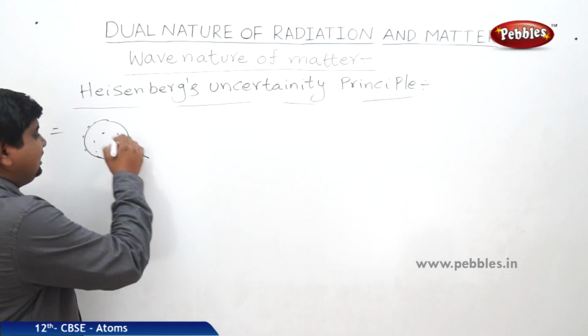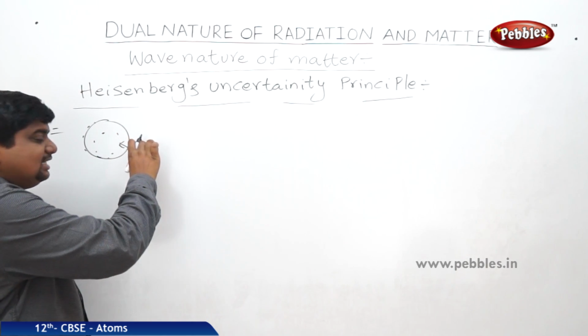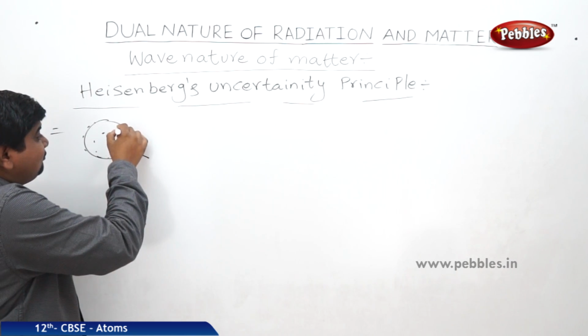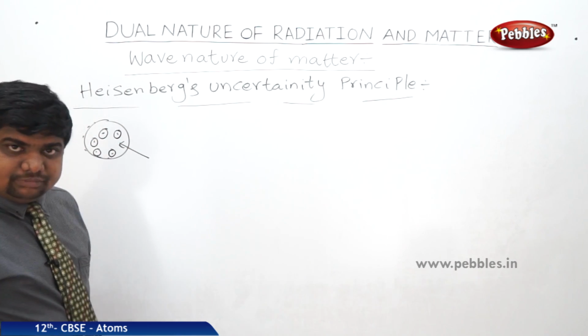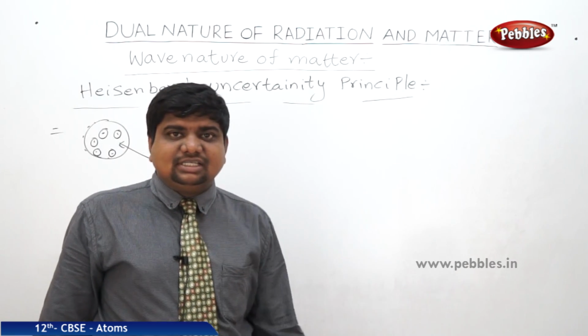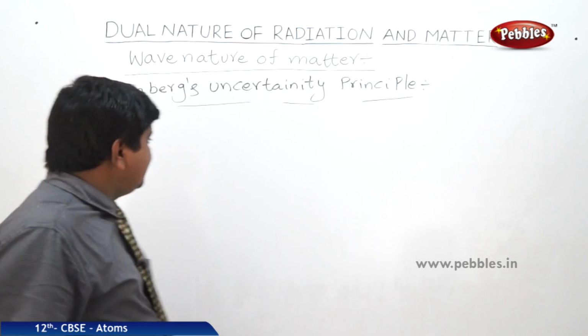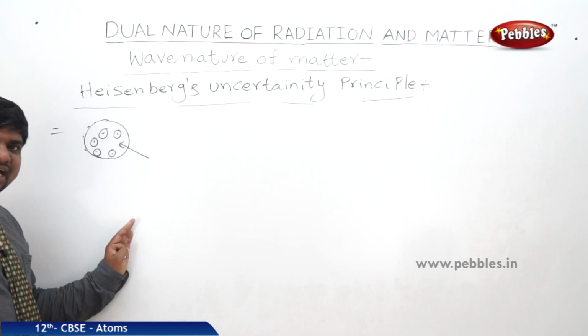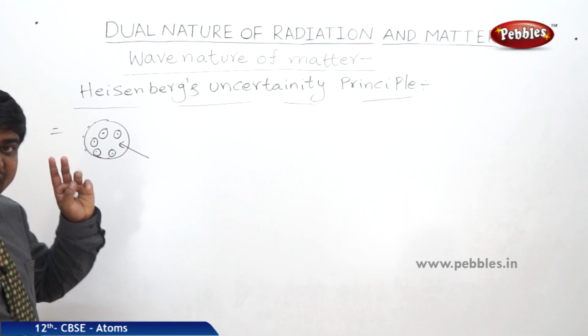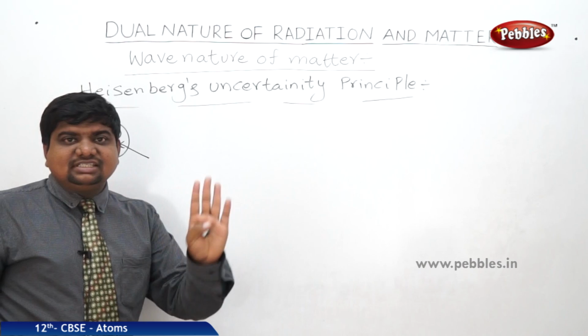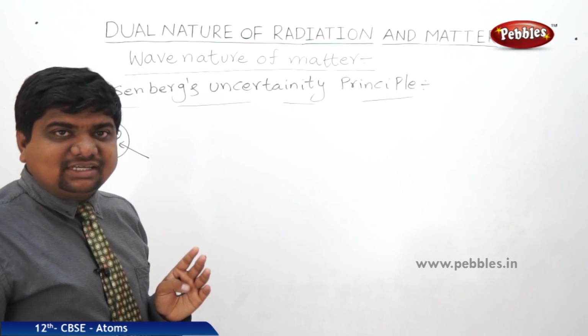So, it gets momentum. When it has momentum, it is very difficult to find out its exact position, because it received an enormous amount of energy. That means at the same time, it is very difficult to predict the position and momentum of the given electron. This is said to be Heisenberg's uncertainty principle.